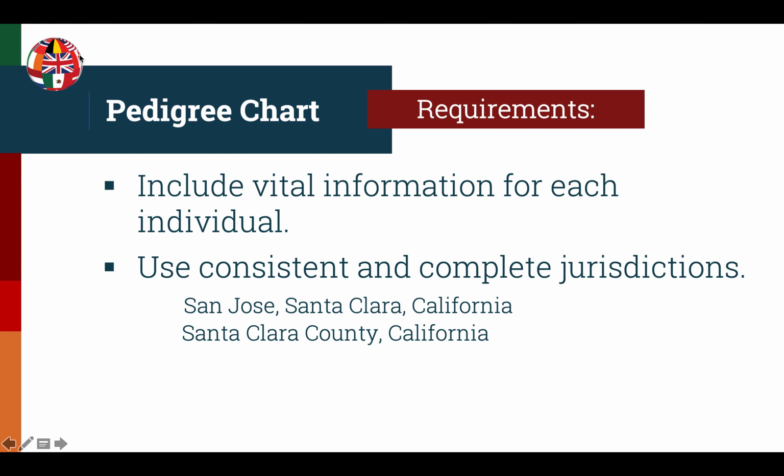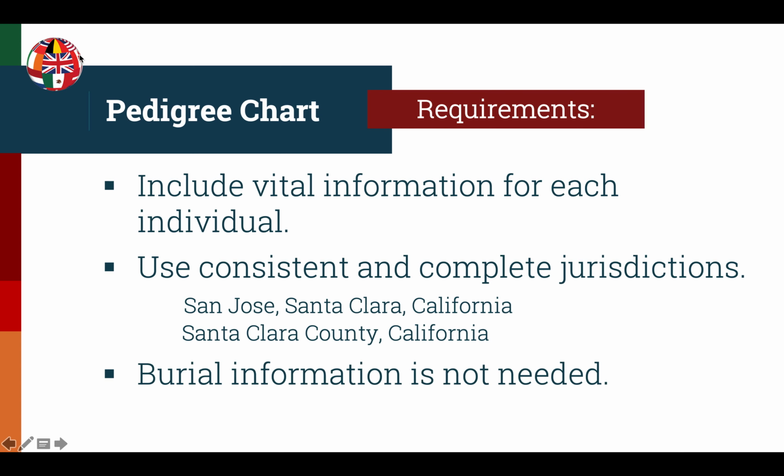When only the county is known, state the jurisdiction using the word county. So in this case, it would be Santa Clara County, California. Also remember that burial information is not needed on the pedigree chart. However, if death information is not found and burial information is known, that could be substituted for the death information.